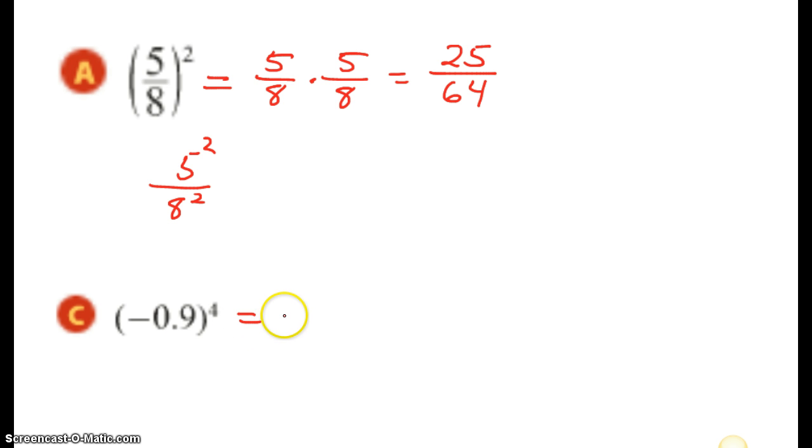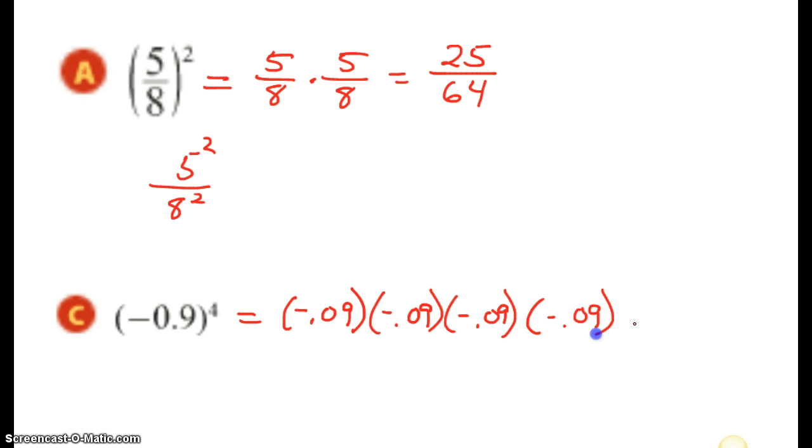In this case, this is literally negative 0.09 times negative 0.09 times negative 0.09 times negative 0.09. Most of you will probably put this into your calculator, and that is absolutely fine.